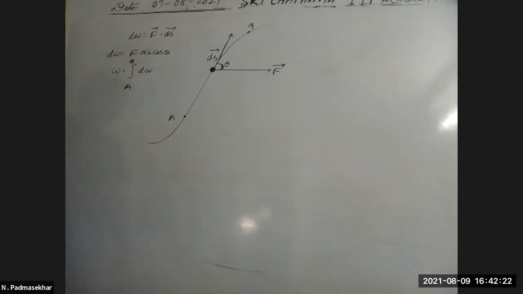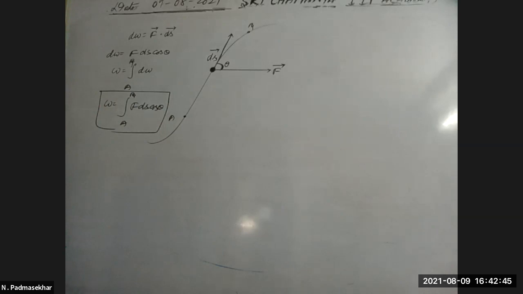So W is equal to the integral of f ds cos theta from a to b. This is the work done for variable force. The force is variable, so that is the work done.